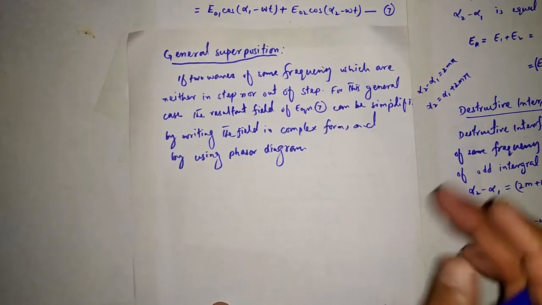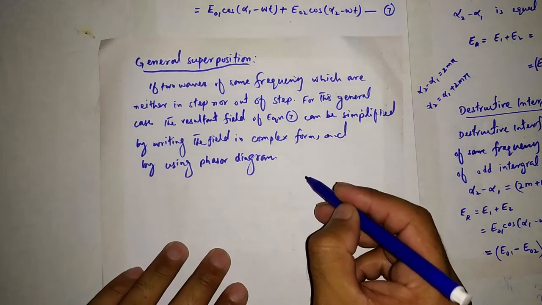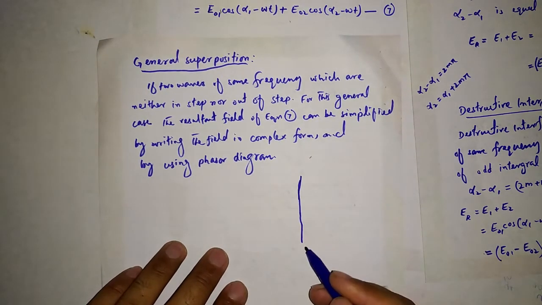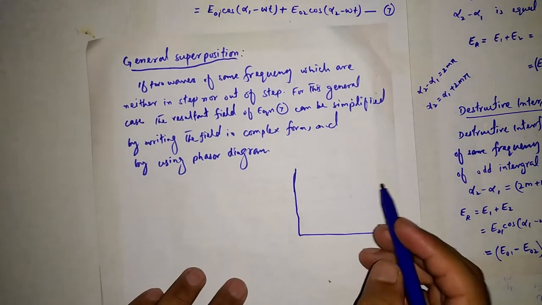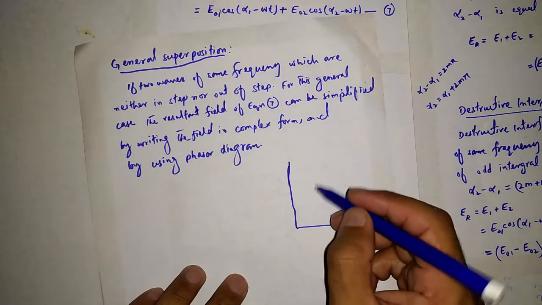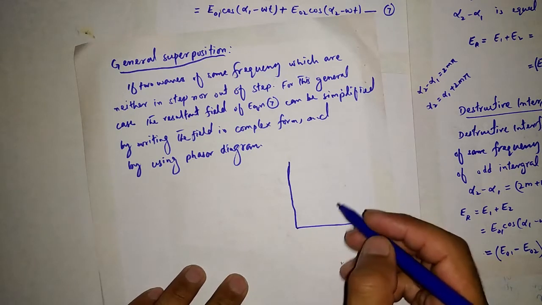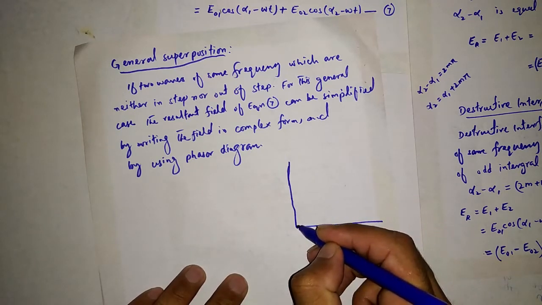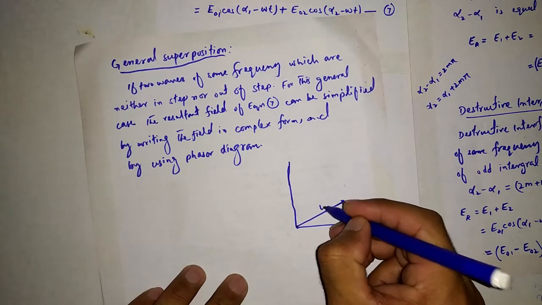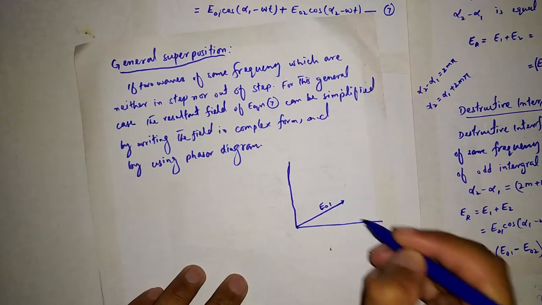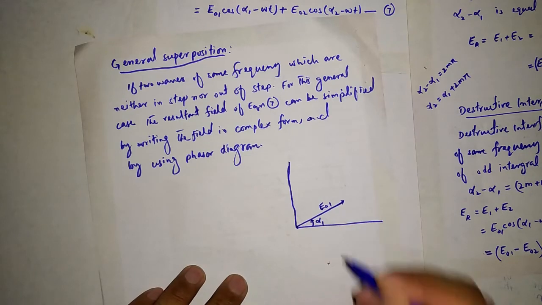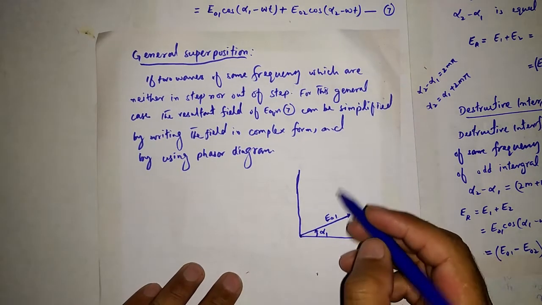So let me explain it here in this figure that we have. This is the horizontal axis and this one is the vertical axis, and this wave has amplitude E01 and it has a phase alpha 1. Clear?